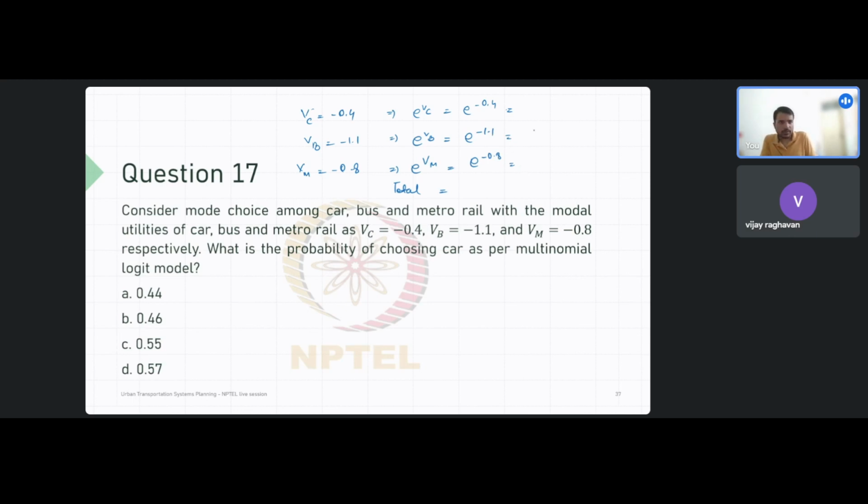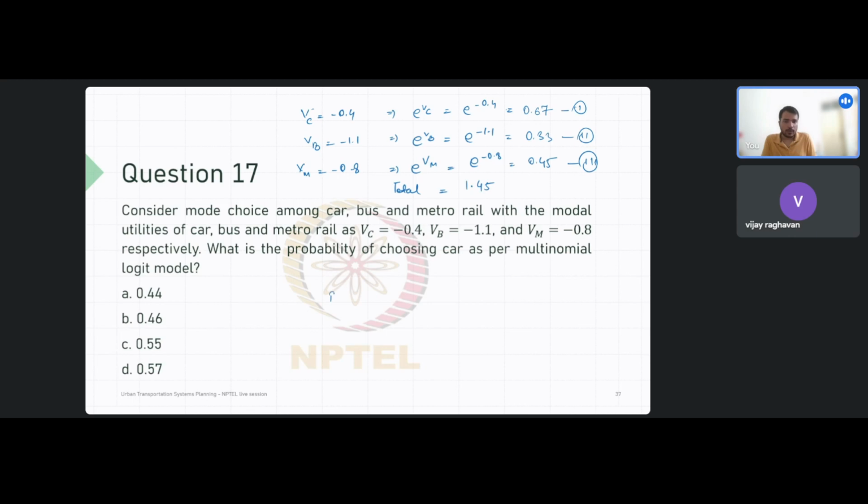So first is 0.67, 0.33, last option is 0.45. Let's take the total of 0.67, 0.33 and 0.45. It will be, I think, 1.45. Yeah.